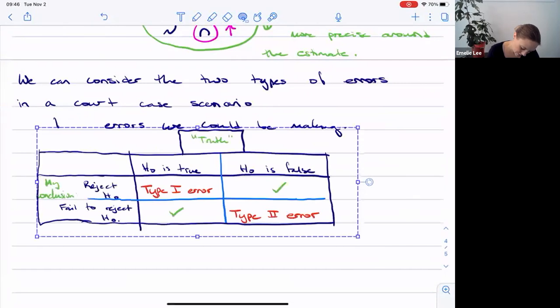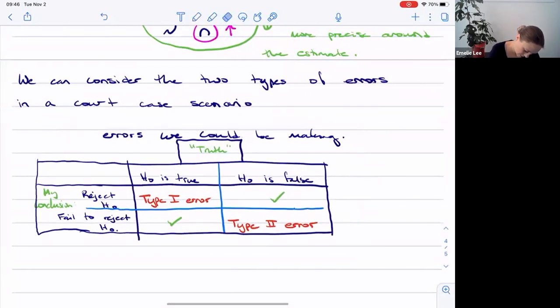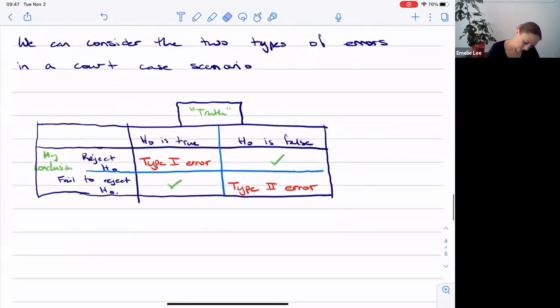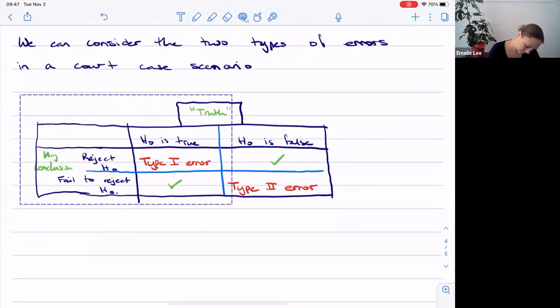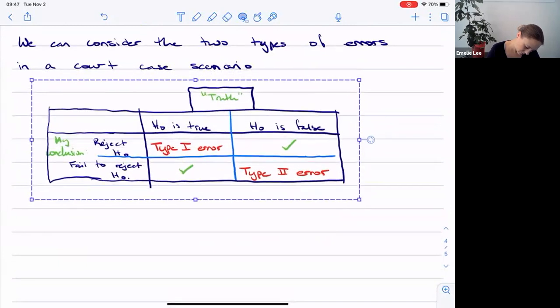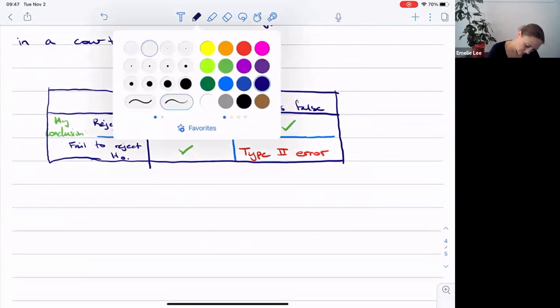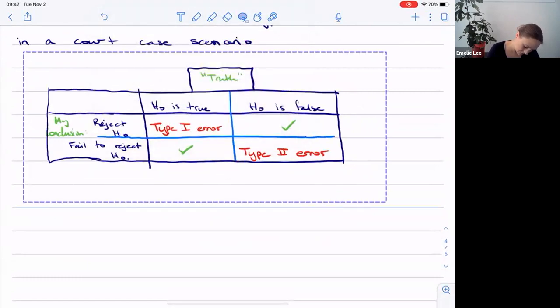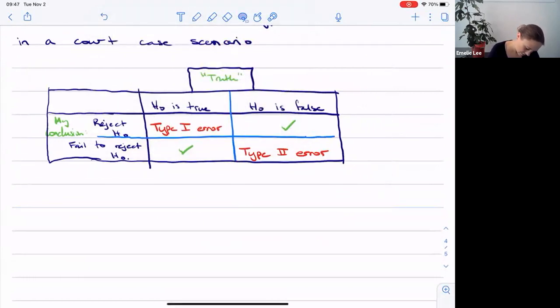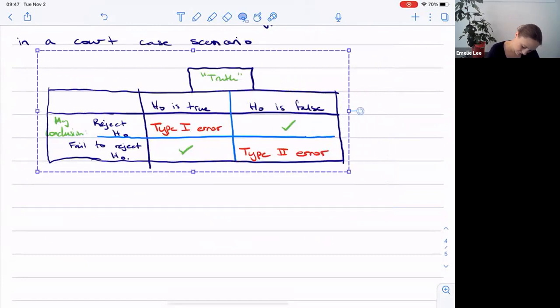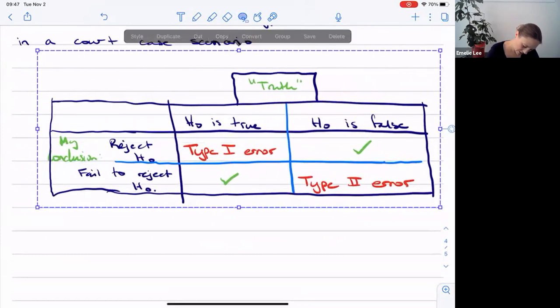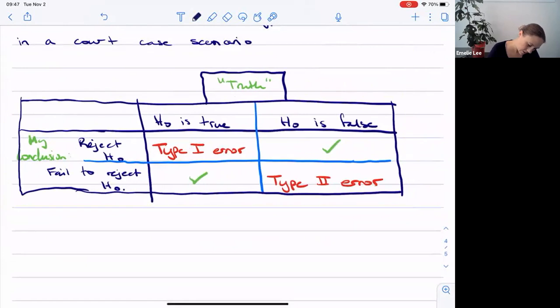So here, I'm going to paste this here. And maybe I can make it bigger, so I have more room to write.